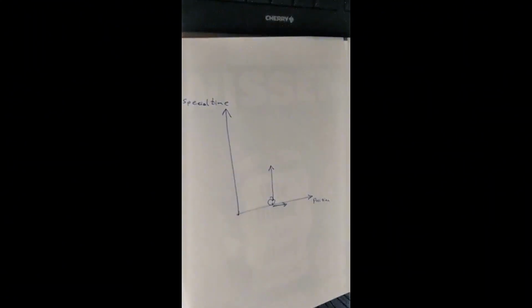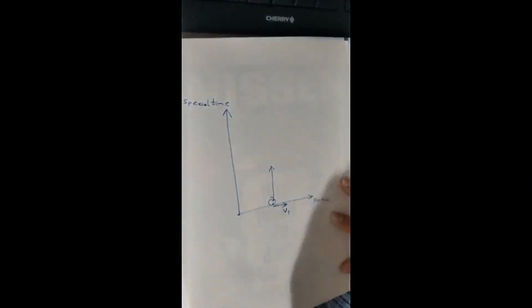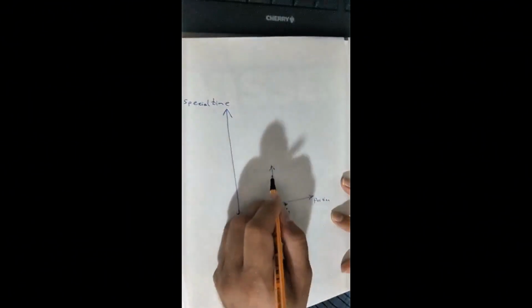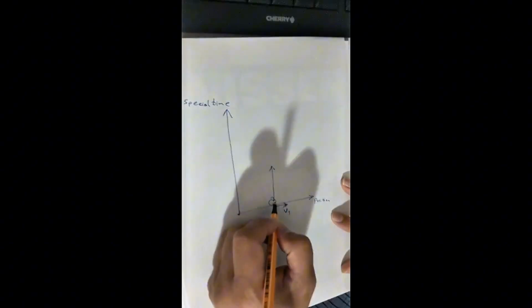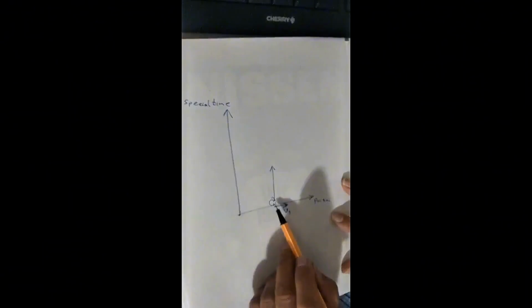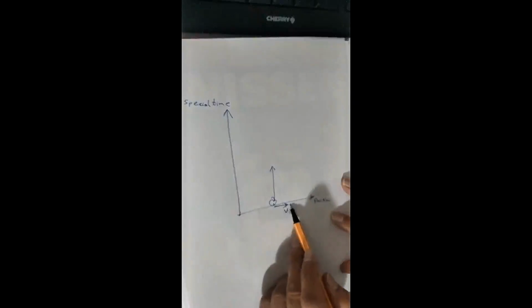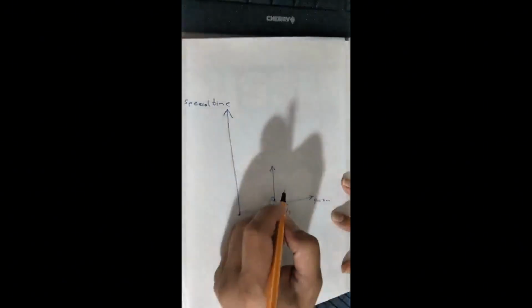But the theory of relativity has something very, very interesting. It says that if you have a speed, like for example, let's show it with v1, velocity 1, then the sum of this your speed in time and your speed in space will be the same thing.